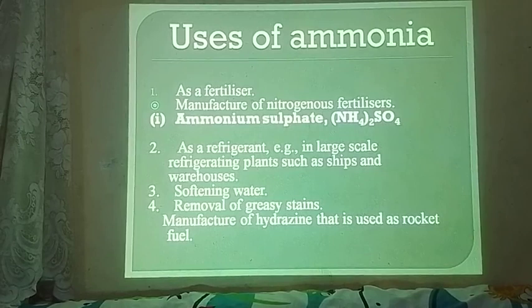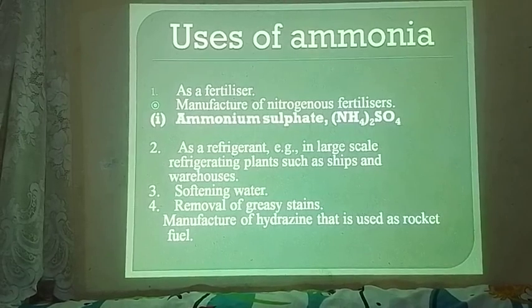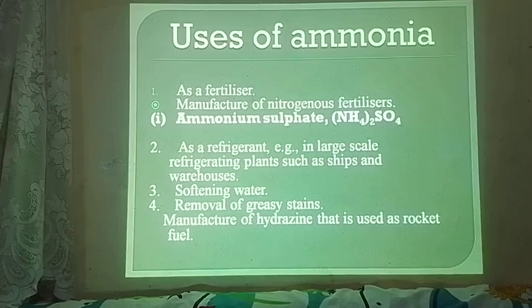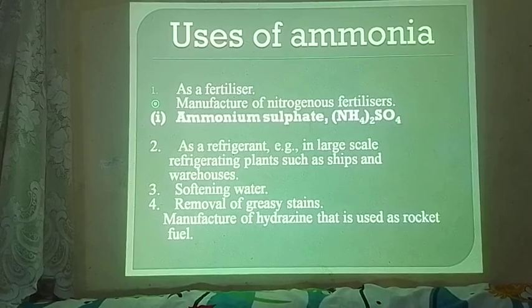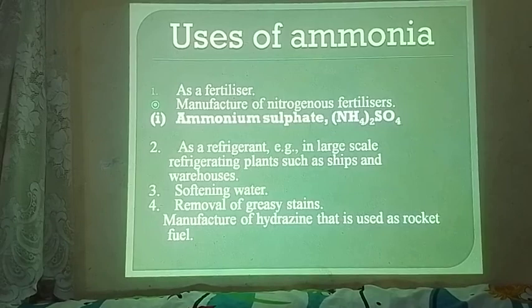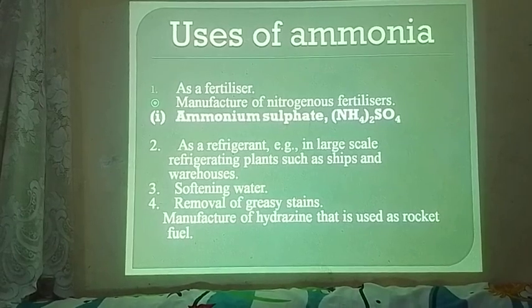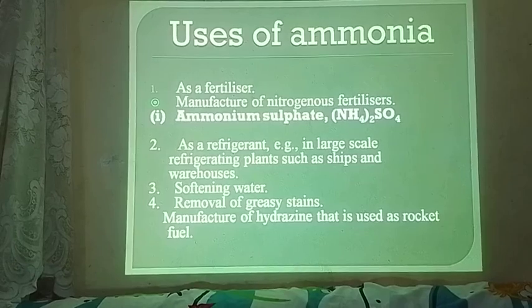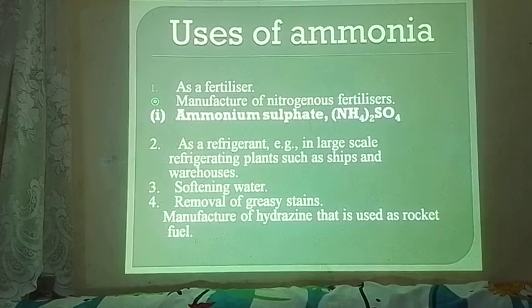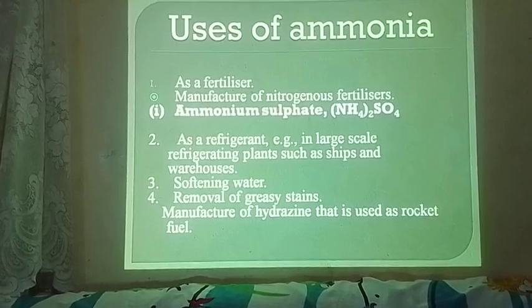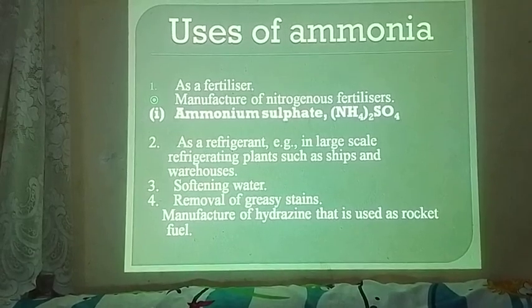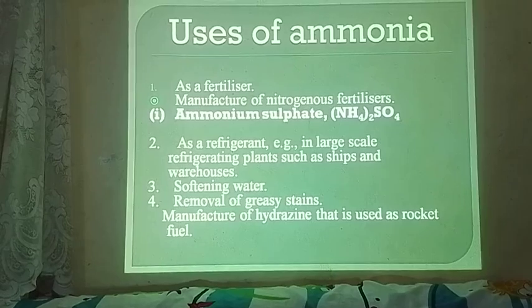Number two, it can be used in the manufacture of nitrogenous fertilizers. A good example we usually use is urea. We have others like ammonium sulfate. You can see ammonia can react with sulfuric acid to form ammonium sulfate, which is a nitrogenous fertilizer.